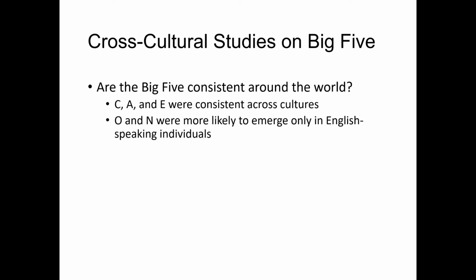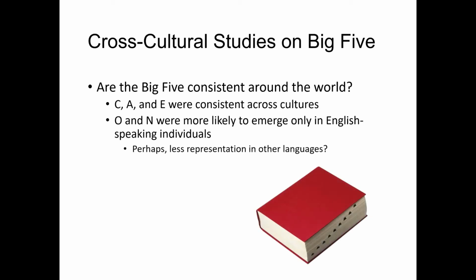And as we originally discussed, these traits were based on words from a dictionary. The reason that some of the Big Five traits did not emerge in some cultures could be that these words were less represented within that language. Because in some languages, there may be more or fewer words to describe certain things.